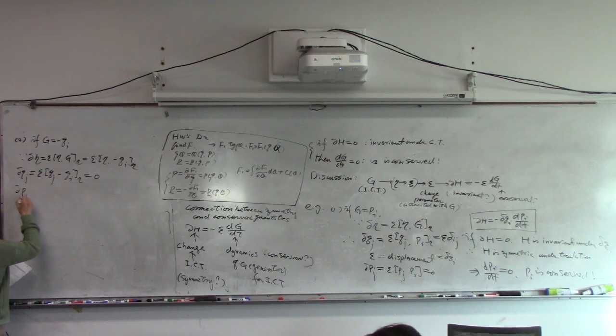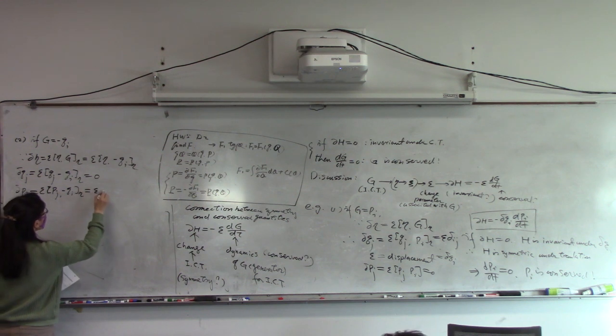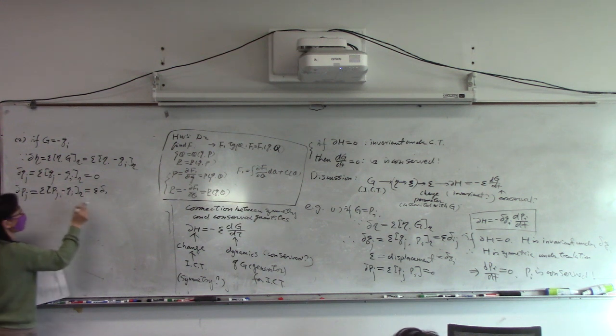How about delta Pj? Epsilon Poisson bracket of Pj and minus Qi, that gives us Qi Pj equal to 1. So Pj is minus 1, but minus times minus means plus, so here it's still plus.